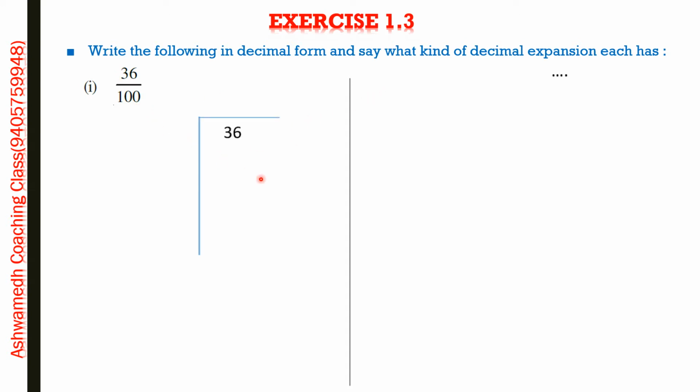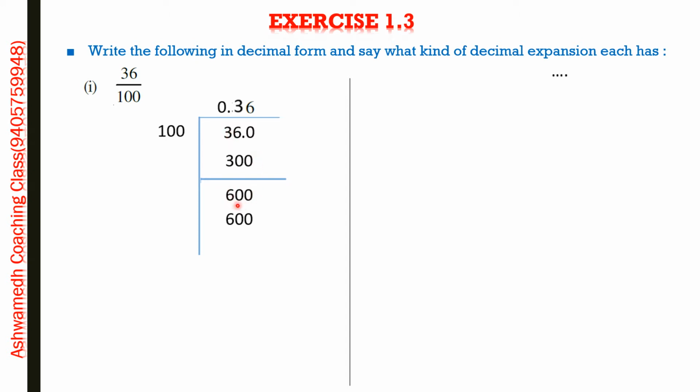Now 36 divided by 100. We cannot divide 36 by 100, therefore take 0, and we write 0 point. Now we get 360. 100 into 3 is 300, and 360 minus 300 is 60.